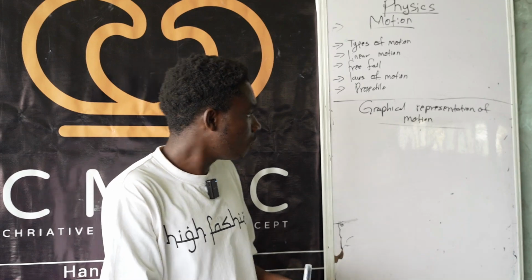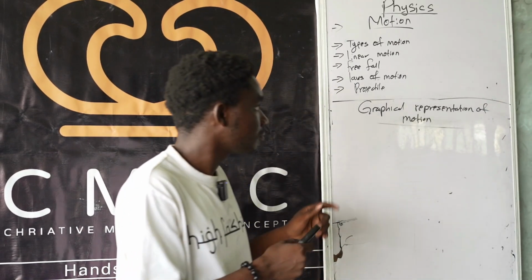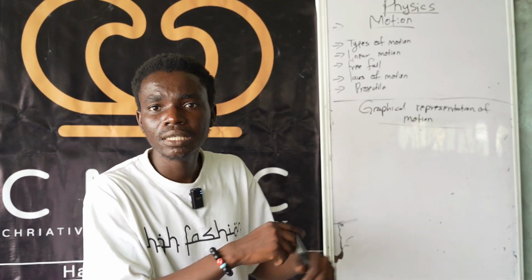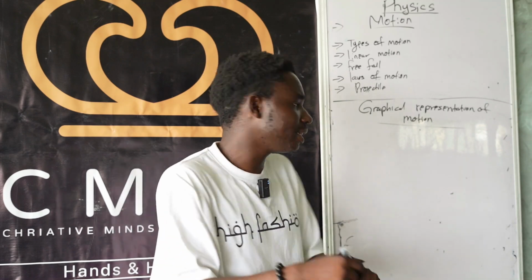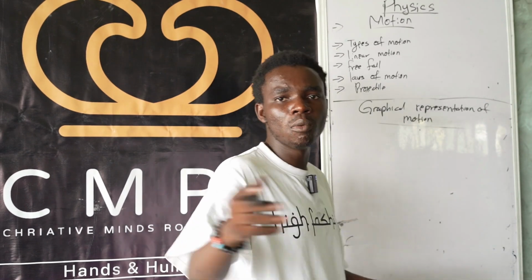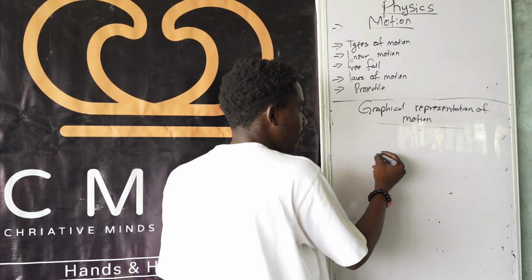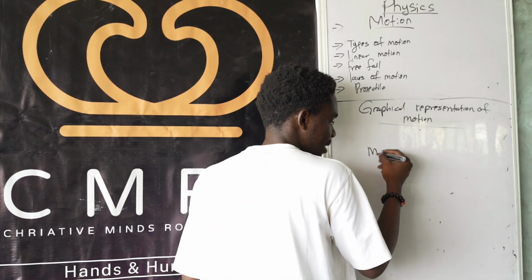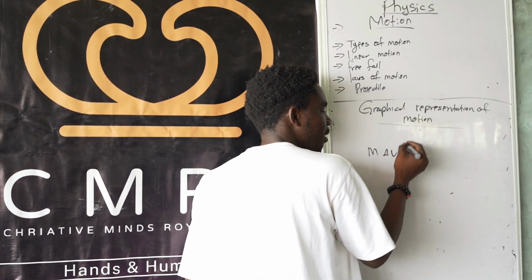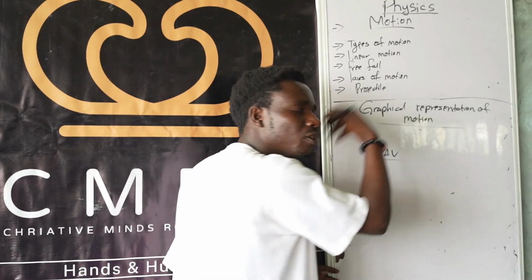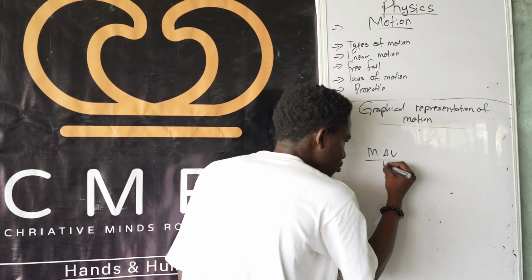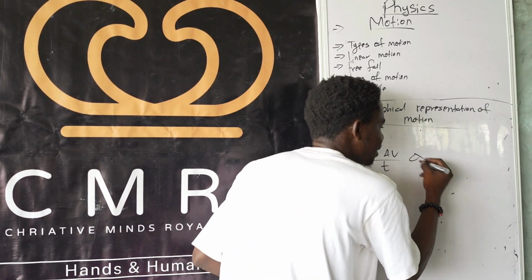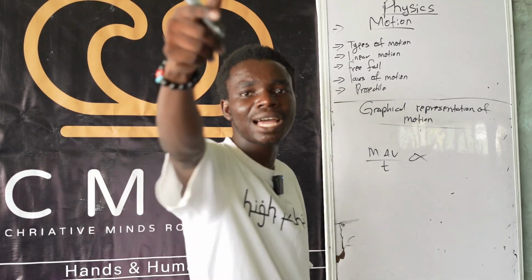Now, for the second law, which is where we are going to write one or two formulas again. That is when you say that the time rate of change in momentum. What is change in momentum? Momentum is M, that is the mass, times the change in velocity. The time rate of that change in momentum, which is momentum over time, is directly proportional to the applied force.